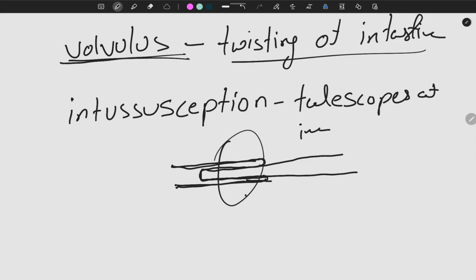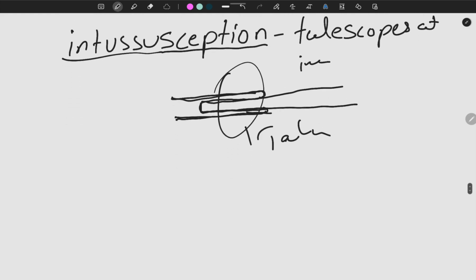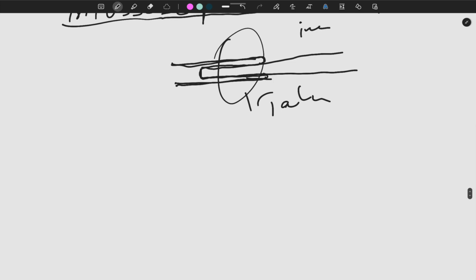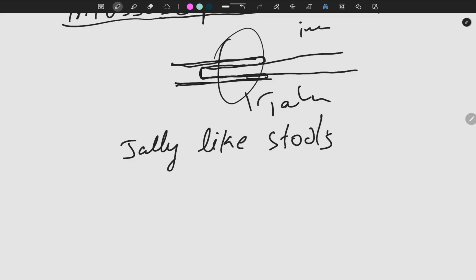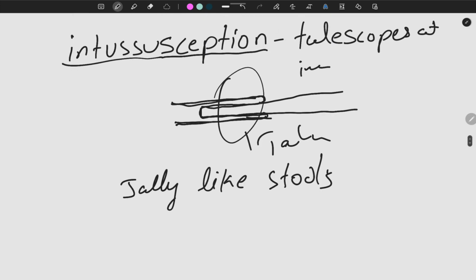This is nothing but telescoping, otherwise intussusception. In this condition, mainly we can observe jelly-like stools. You may get the question: jelly-like stools are seen in which condition? You have to put the answer: intussusception.